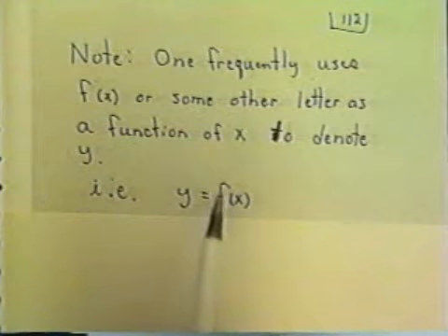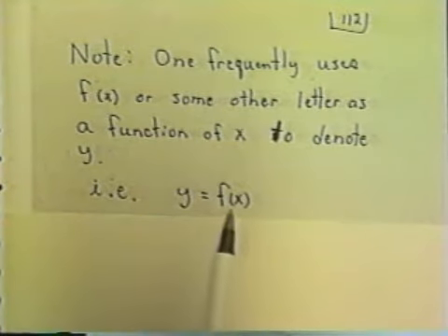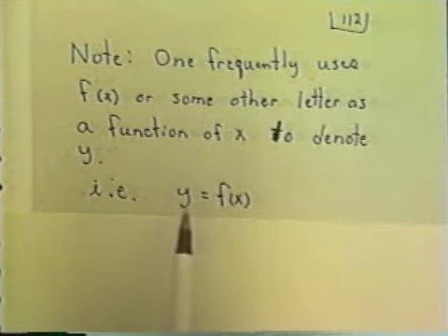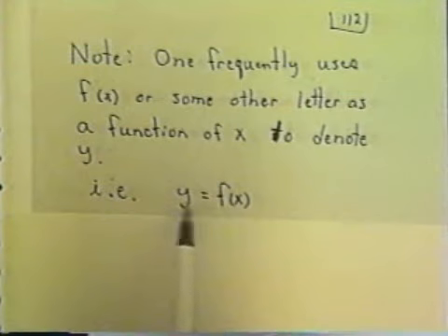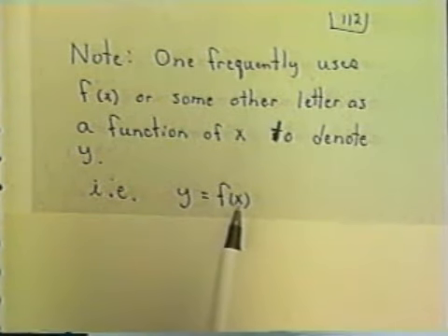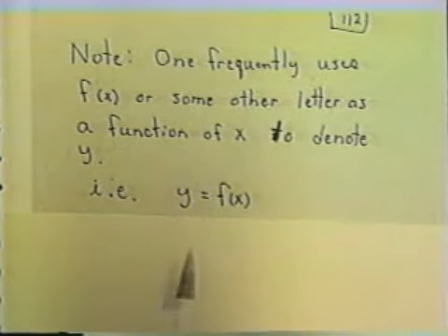So if you see some letter as a function of x, know that that is just standing for the y, or your dependent variable. X is your independent variable, y is your dependent variable. So y is a function of x. Y depends on x.